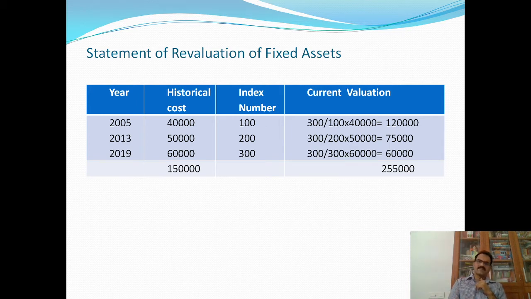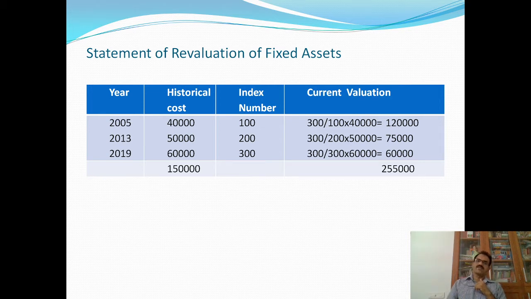The next asset was purchased in the year 2013. Historical cost is 50,000. Index number at the time of purchase, in the year 2013, is 200. Then the current value of the plant is 50,000 into 300 divided by 200, equal to 75,000.